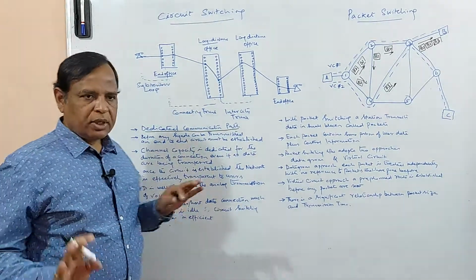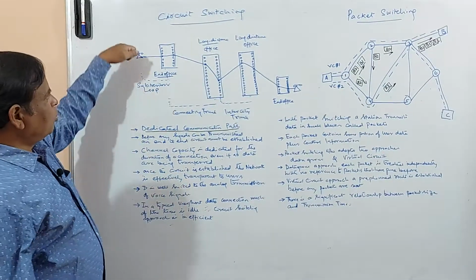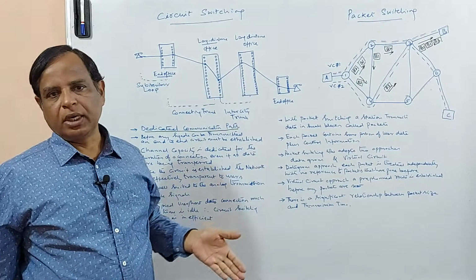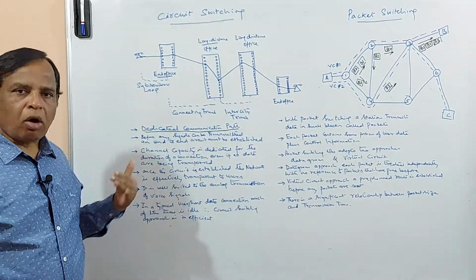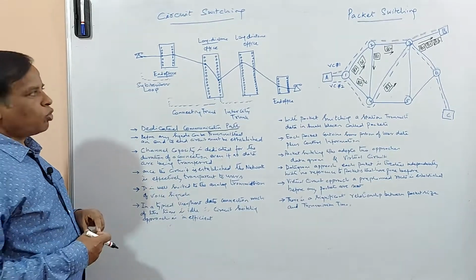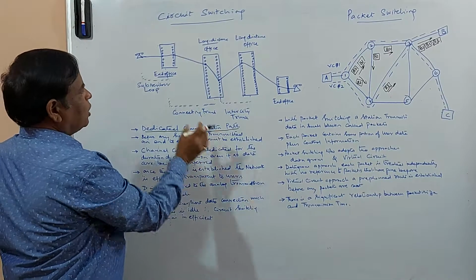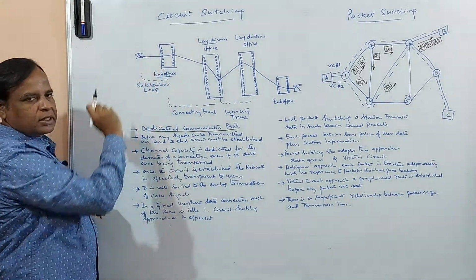What exactly it means is, whenever we make a voice call, no sooner you lift the telephone, it doesn't mean that it connects to the destination and you start speaking. What is involved is that you make a call. In this particular picture, this is the end office where your local telephone is connected.